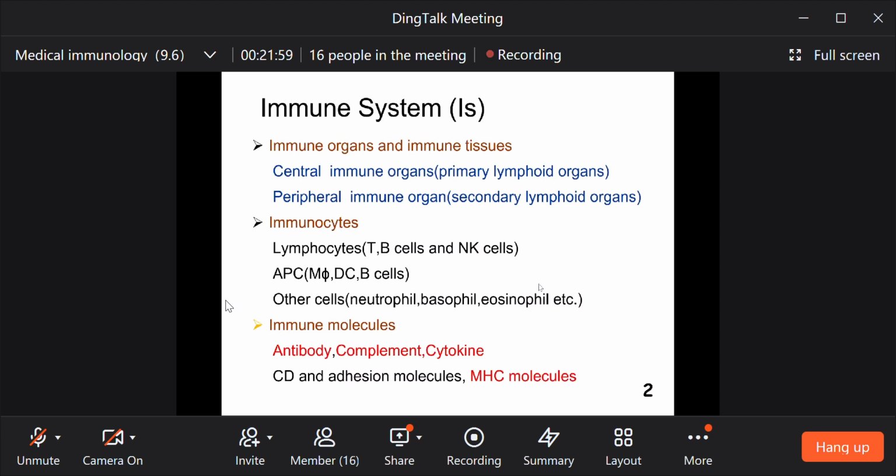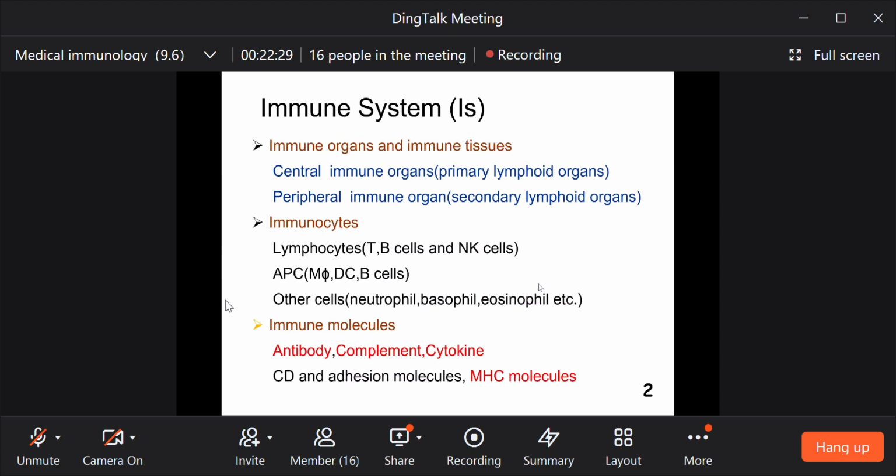And immune cells include several kinds of cells, such as lymphocytes, such as the T, B cell, and the NK cell, natural killer cells. And the macrophage, DC, B cells, also called APC, the antigen-presenting cells.